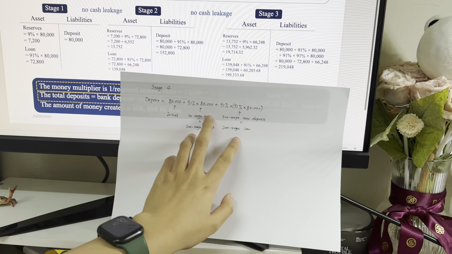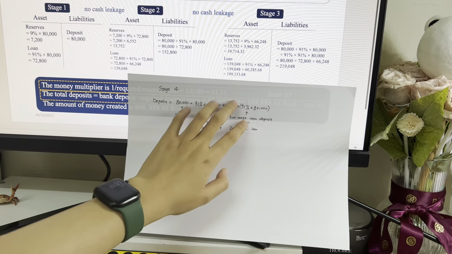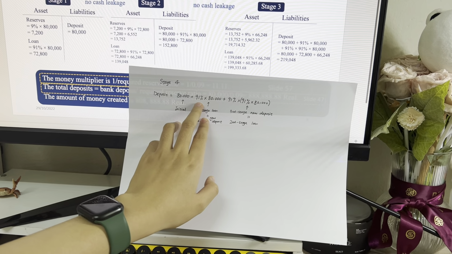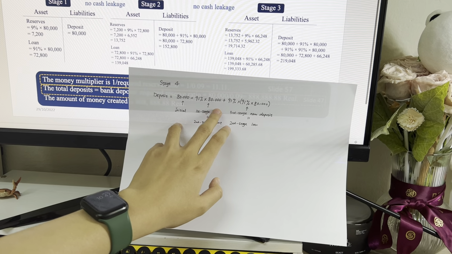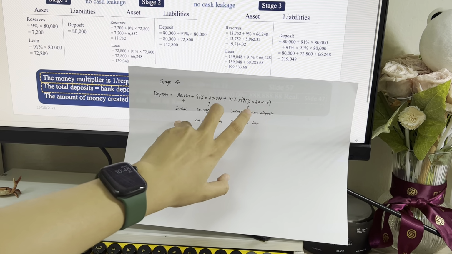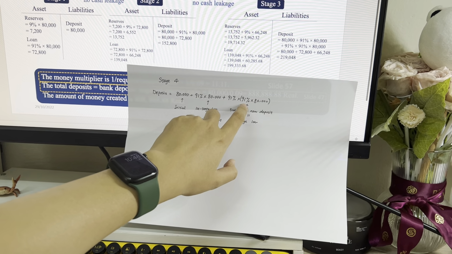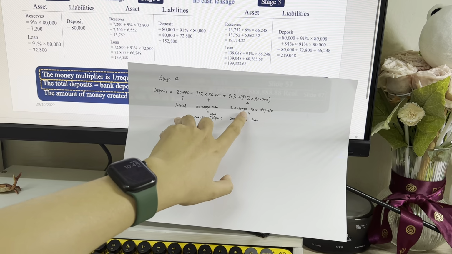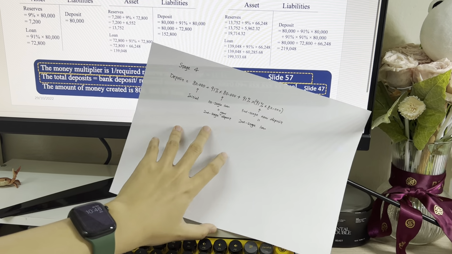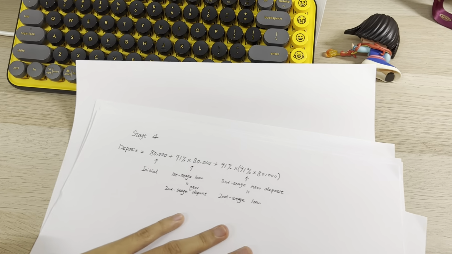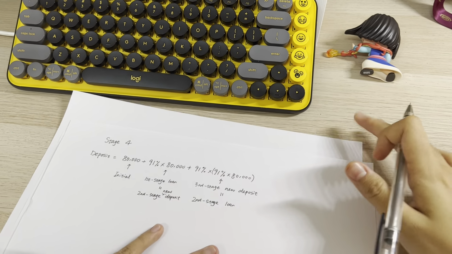Okay, then in stage 3 we have the initial 80,000 and 91% of 80,000, which is a second stage new deposit, and also we have 91% of 91% of the initial, which is a third stage new deposit. Okay, we look at the new deposit in the fourth stage.